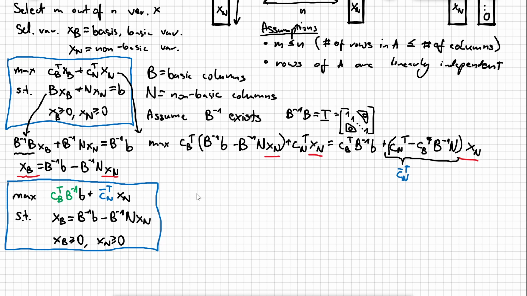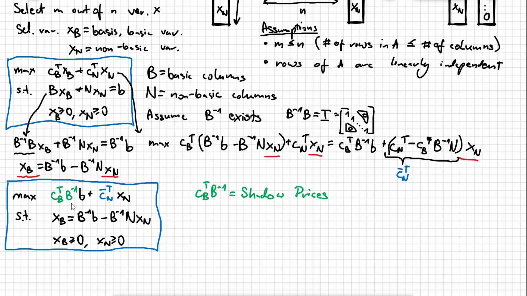Well, we actually call this, cB transposed B minus 1, shadow prices. And these are actually like values of constraints.